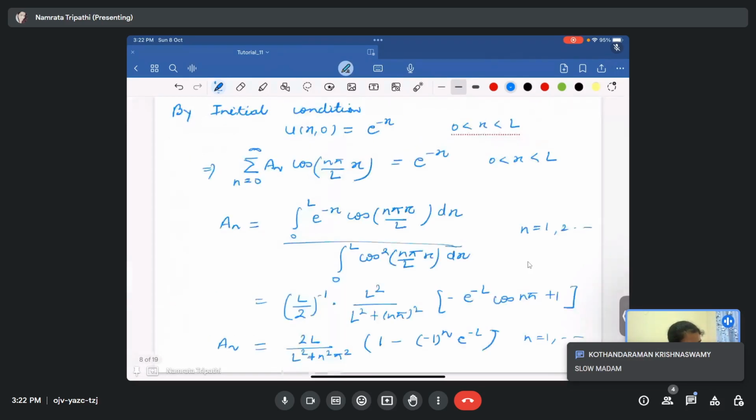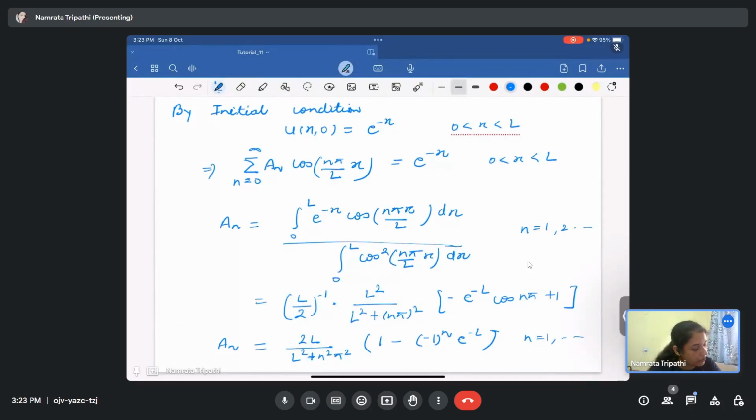So I am just calculating the coefficient an here by using the initial condition. The initial condition given is u of x, 0 equals e to the power minus x. I am putting it in the solution so that we can calculate the value of an. For calculating an we use the Fourier constant and solve this integration. You can check it. For the denominator the integration will be L by 2, and for the numerator I am using the formula for the integration of e to the power ax into cos bx.